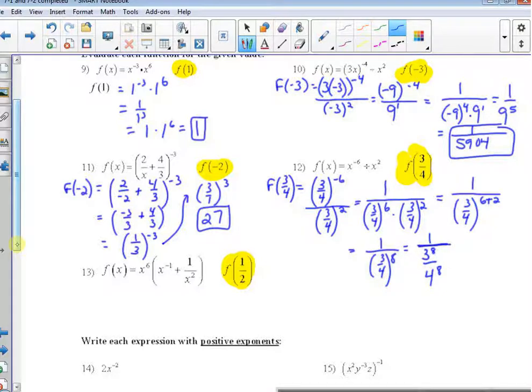And that is equal to 1 over 1 times 4 to the 8 over 3 to the 8, just using some rules of fractions. And what that then gives me is 4 to the 8th over 3 to the 8th, which is 65,536 divided by 6,561.